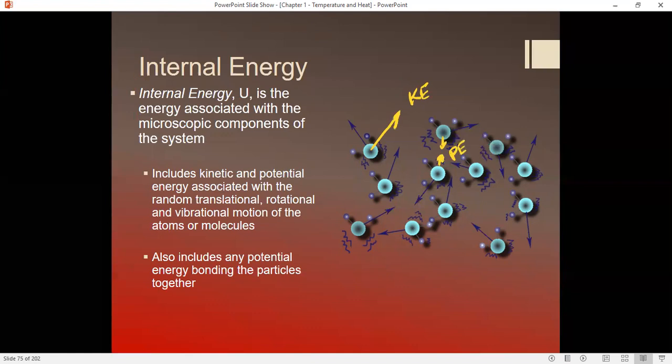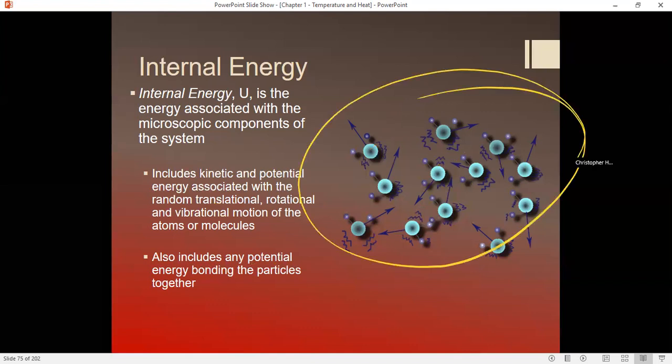It involves everything: the kinetic energy from translation, rotation, and vibrations. It can be the potential energy of the van der Waals forces between molecules, or the potential energy of the electrons in their orbit around the atoms. It's just a summation of all the energy that's there.